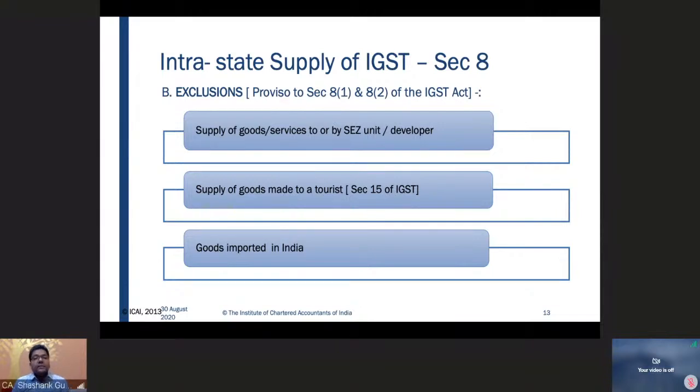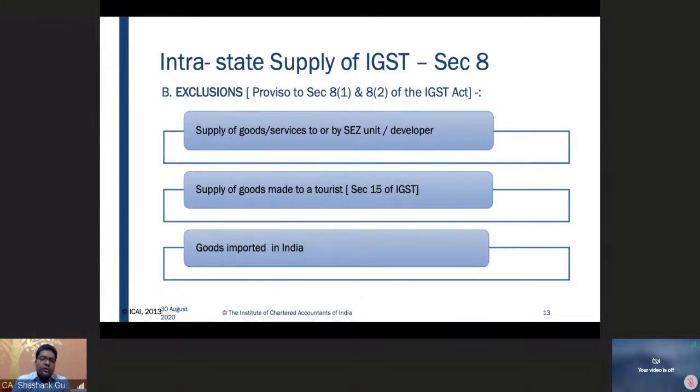It certainly is. And that is why, for the cases where the tourist is actually going to take these goods out of India and is traveling on a foreign visa, with a visa meaning one not valid for more than 6 months, such a person will be treated as a tourist. Now this tourist will show his passport with his visa, and accordingly the seller will immediately issue an IGST invoice. Why so?